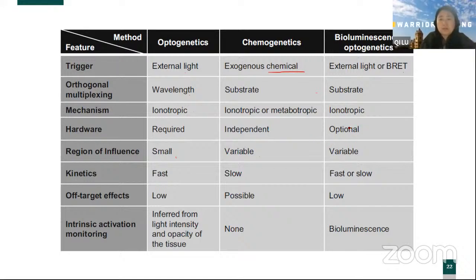And that's also true with bioluminescence optogenetics. The kinetics of optogenetics is fast, chemogenetics is slow, and bioluminescence depends on which luciferase and which rhodopsin is used. The off-target effect of optogenetics is quite low, but for chemogenetics it is possible, just like we mentioned with CNO and clozapine. Intrinsic activity monitoring is inferred from light intensity and opacity of tissue.